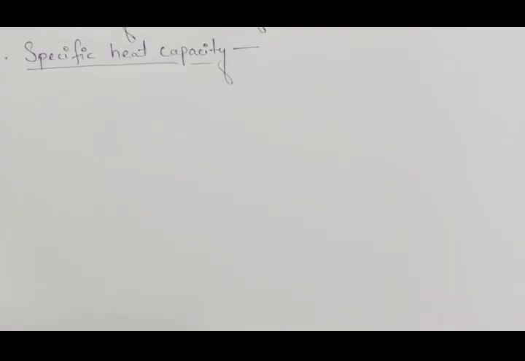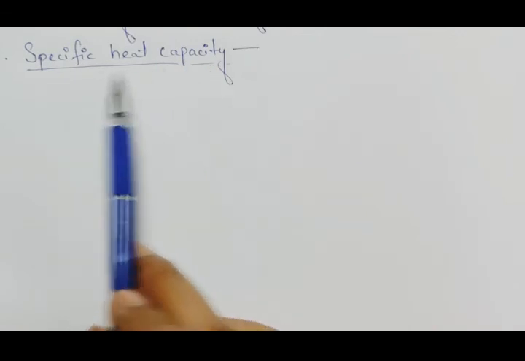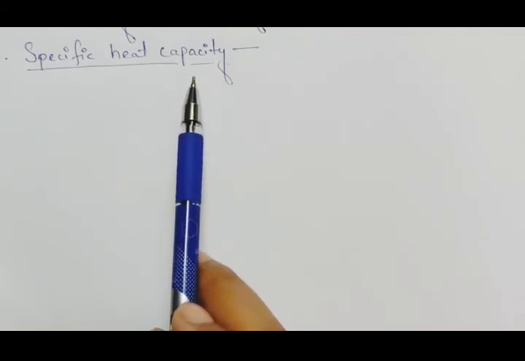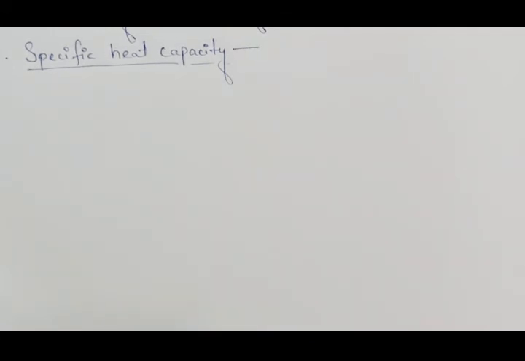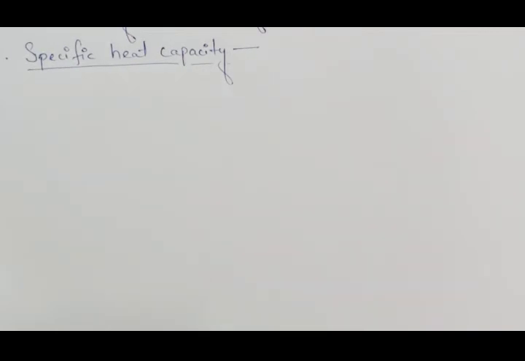The last topic which I will discuss today is the specific heat capacity. Before starting the specific heat capacity of water, I will discuss what this specific heat capacity is. It is simply a physical property, right? For any matter, the specific heat capacity is the amount of heat to be supplied to a given mass of a material, whatever the material is, to produce a unit change in its temperature.